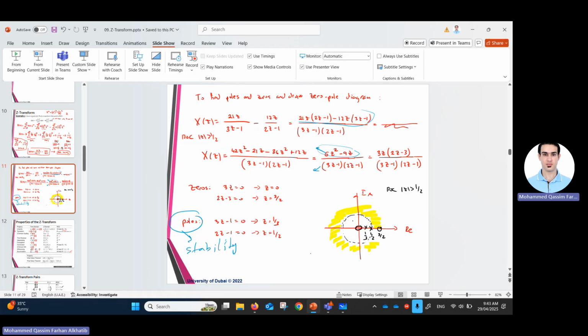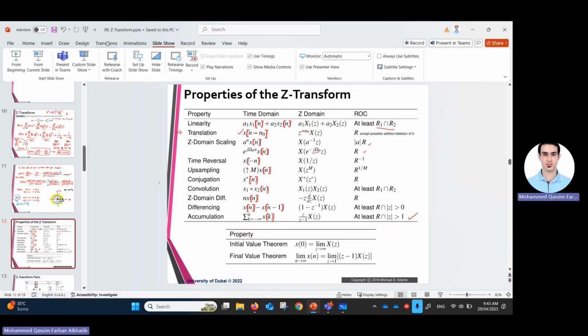Usually, when you have them with complex values, they are conjugates. Just determine where the poles are, locate them at the unit circle. As long as it's less than 1 or within the unit circle, then the signal is stable. So in this case, our signal was stable. All right, some properties of the Z transform.